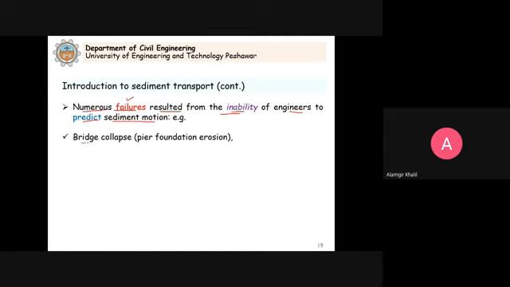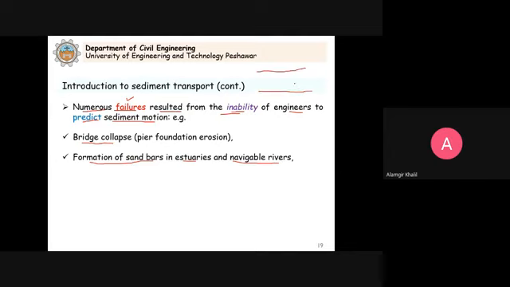For example, bridges collapsed, and sand bars formed in estuaries and navigable rivers. As I said, you have this river, and when the water is very shallow, especially in a sand bed river, small islands will form. The water will flow around them, no problem.